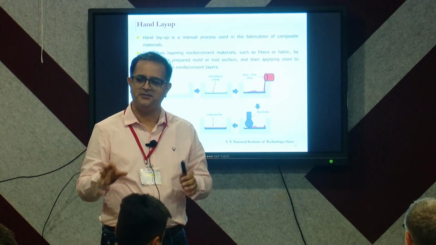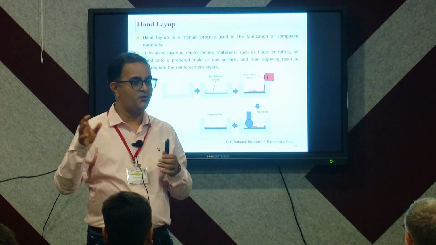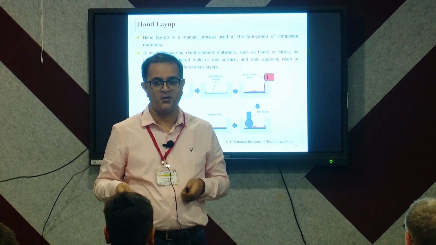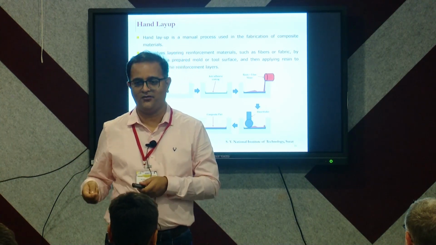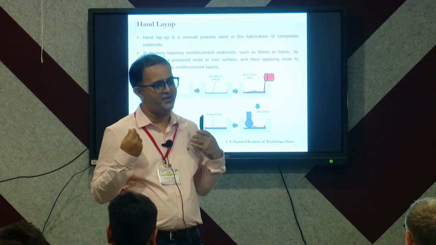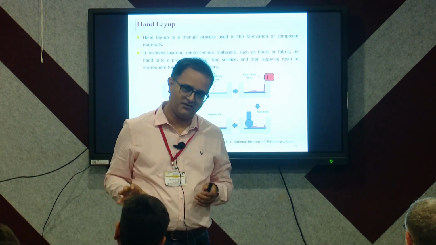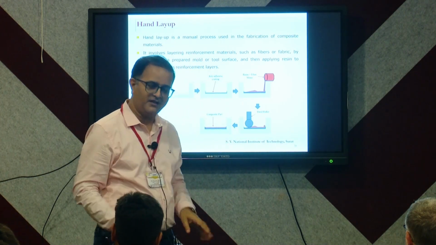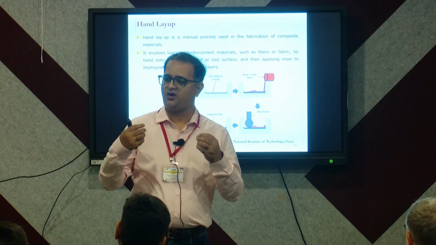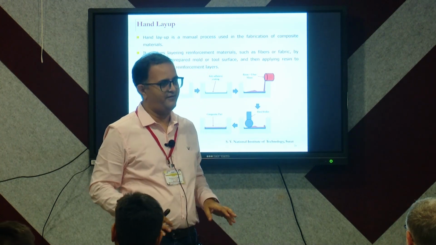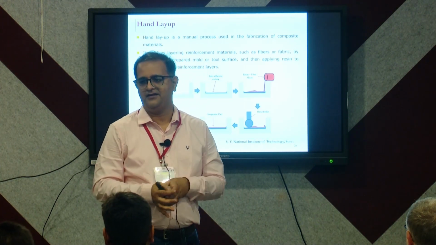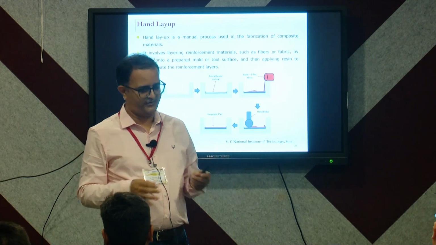You can put any vegetables you want into it. When you go to Subway, they ask you what chutney you want, what vegetables you want to put. Everything, if you make a universal set, he'll put everything into it. Same way you can put any fabric. You can put fabric, you can put chopped fibers, anything that you have, even if it is wastage, you can put it. You pour the resin, you get something out of it.